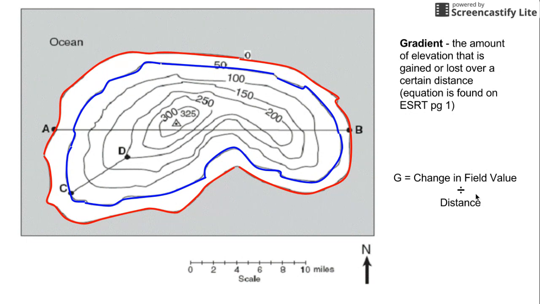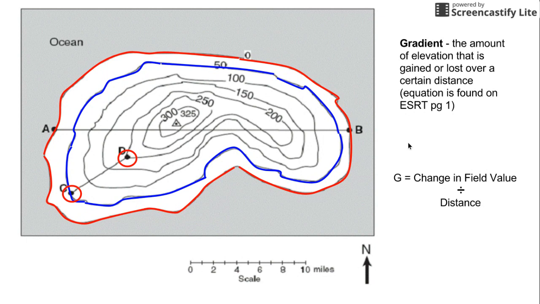In this case, the change in field value is the difference in elevation between C and D. First we have to locate points C and D. Point C is on the 50-foot contour line, and point D is on the 200-foot contour line.